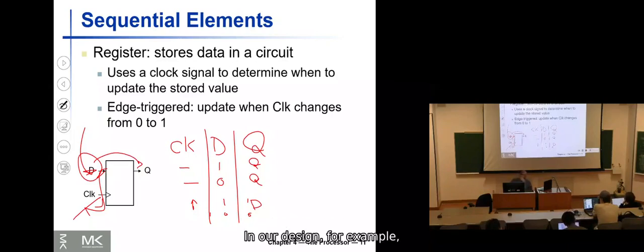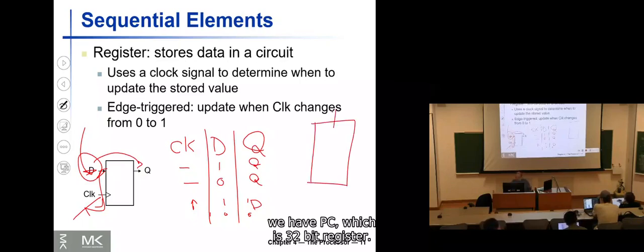In our design, for example, we have PC, which is 32-bit register. So if it is 32-bit, each one of these is 1 bit. So we are using 32 of these things together, and we connect the clock of all of them together.